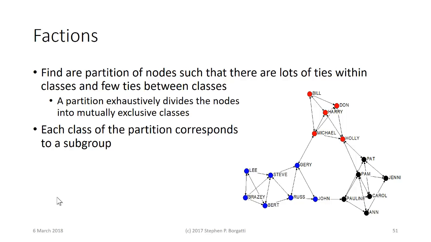So it wants lots of intra-red ties and very few ties from red to black or from red to blue. And basically, it randomly swaps people around into different classes until it finds a switch that improves the measure of fit, and then it leaves that one, and then starts swapping other ones, finds one that increases the measure of fit, and so on until it can make no more changes that would improve fit.